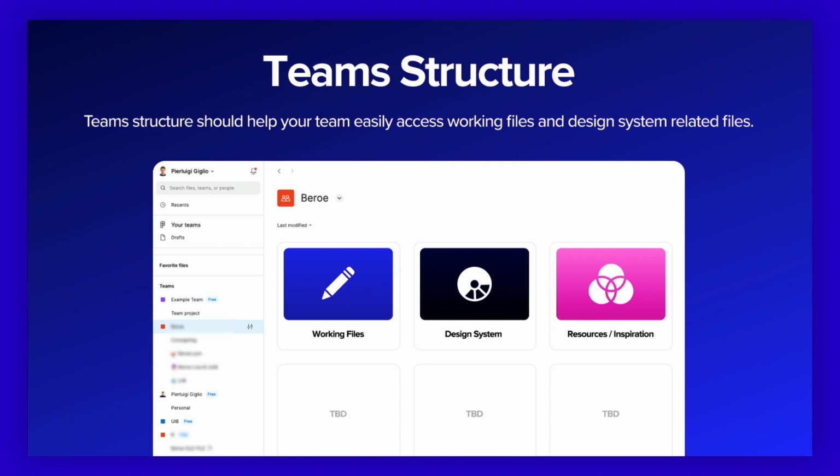So this could be a good idea to start structuring a Teams project in Figma. The first area would be the working files, and these are going to be the files that you utilize for working on your day-to-day, such as web design files, or maybe a web app or some marketing material. So these are going to be the files that you're actively going to work on for the very most part of your day.